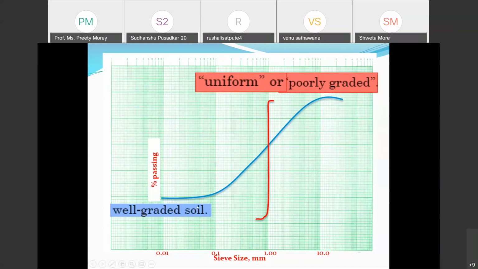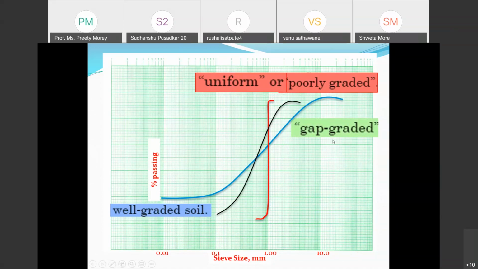The first one is uniformly graded. When I get the maximum percentage passing at the same diameter, that soil is called a uniform soil. Now another soil, which is also poorly graded, is called gap graded soil.